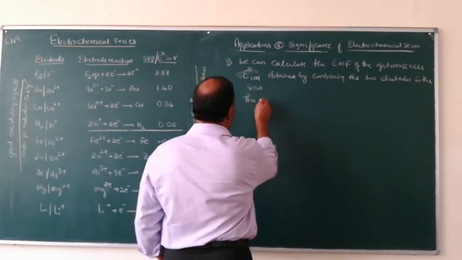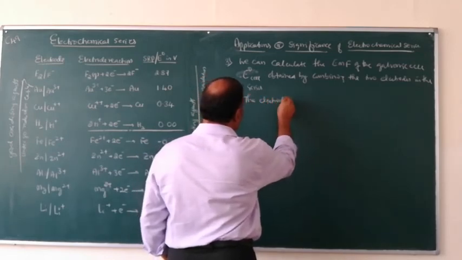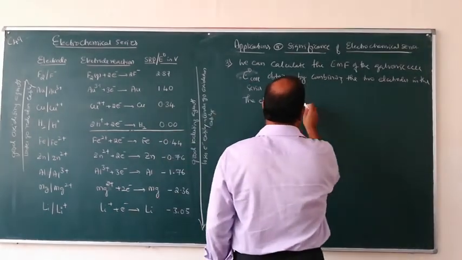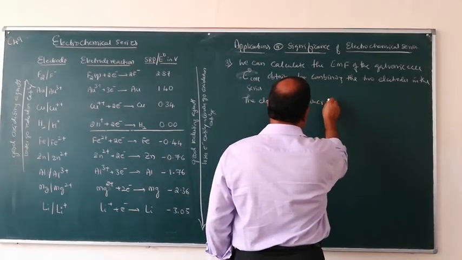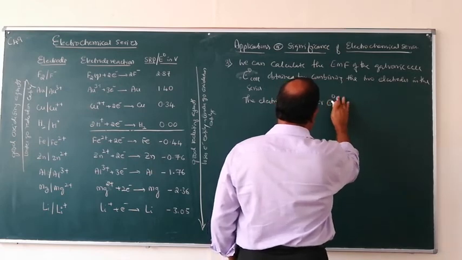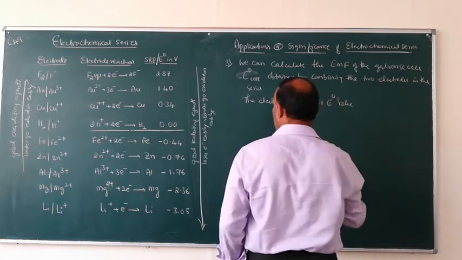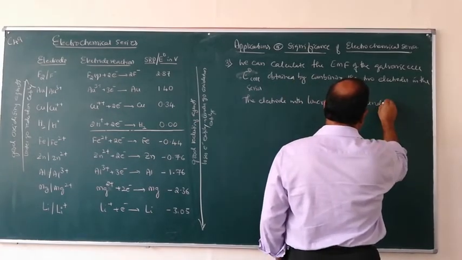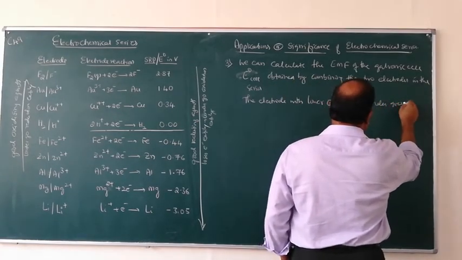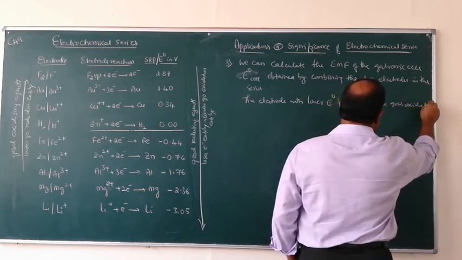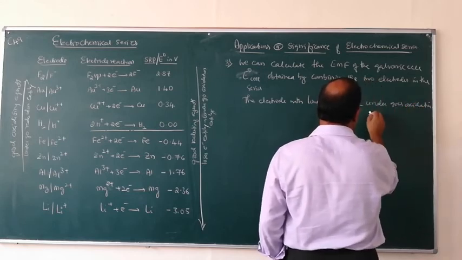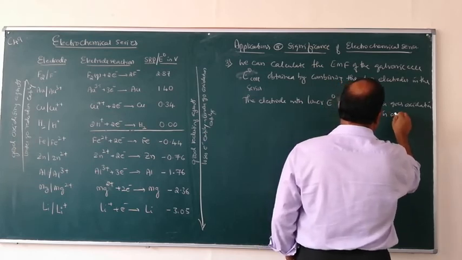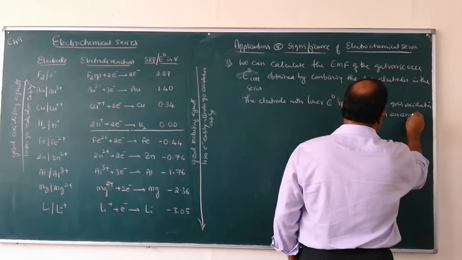The electrode with lower E naught value undergoes oxidation and is an anode.